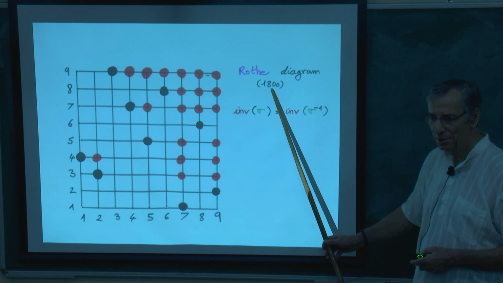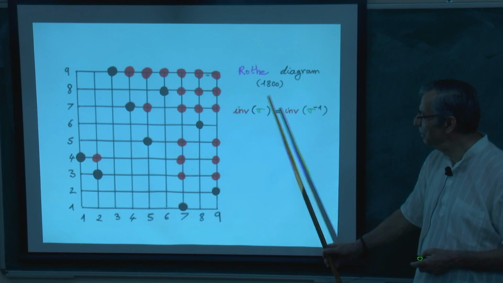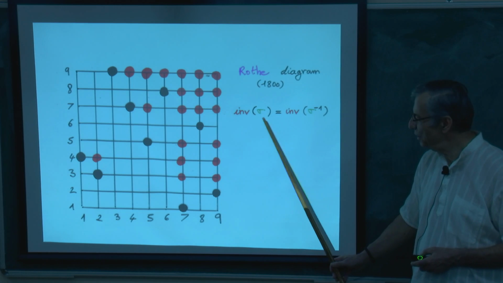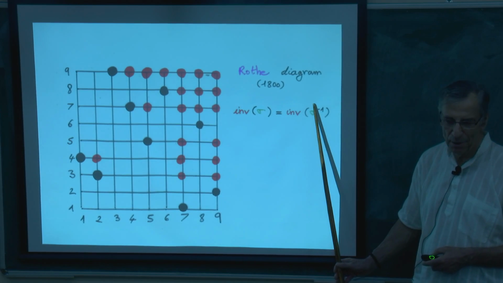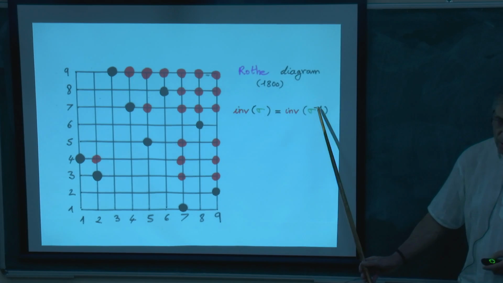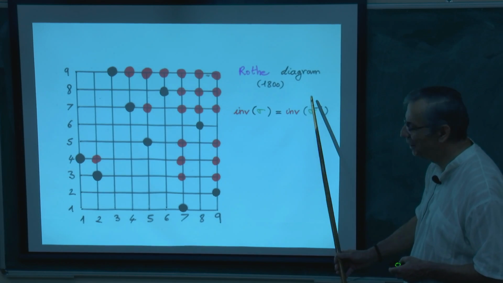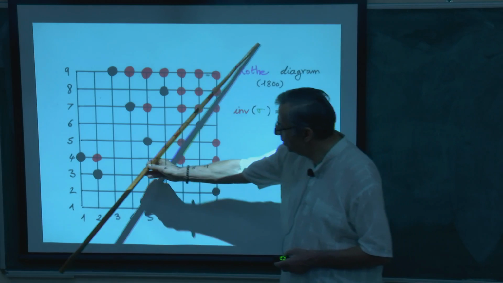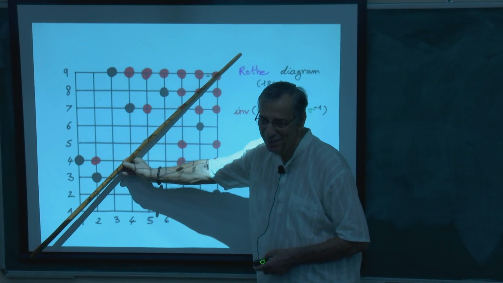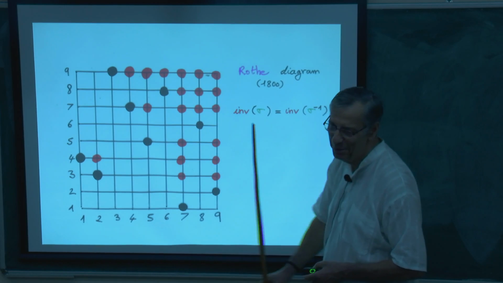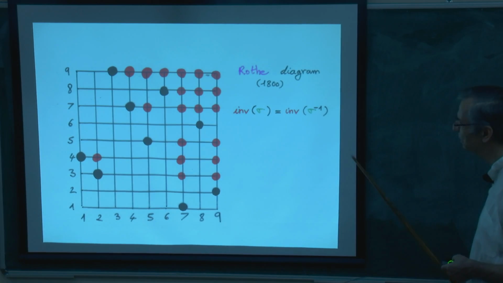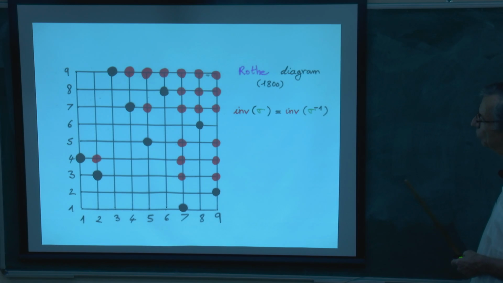This was very old. And Rothe wanted to prove that the inversion number of a permutation is the same as the inversion number of the inverse permutation. So he put this in a visual way, and taking the inverse permutation is just taking the symmetry along the diagonal of the diagram. So you have a visual proof of this elementary fact.